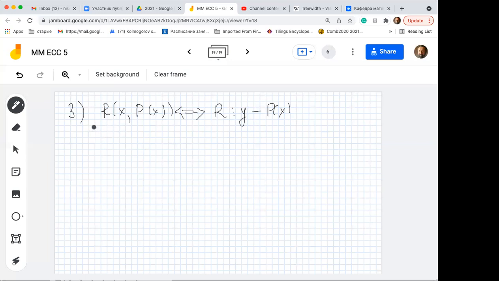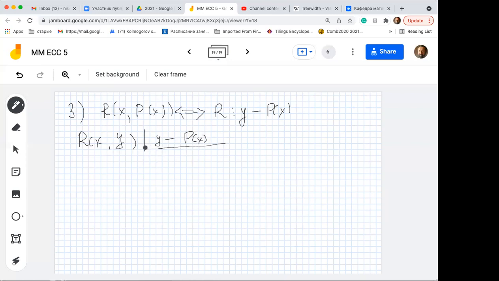We divide that polynomial using the long division algorithm by the linear polynomial y minus p of x.